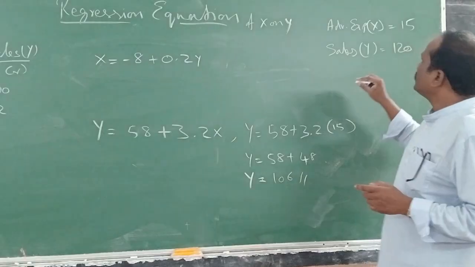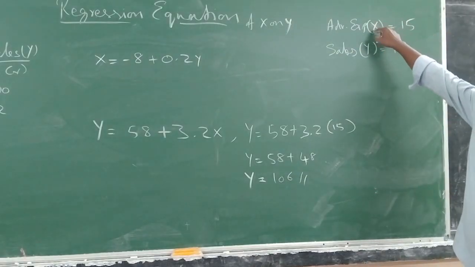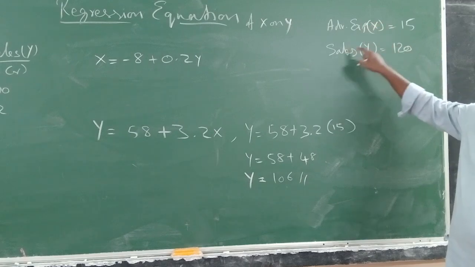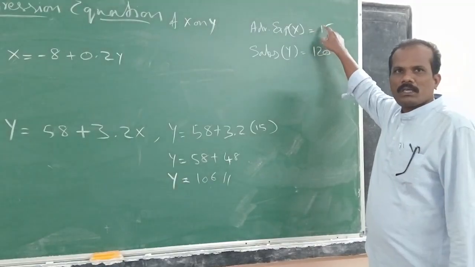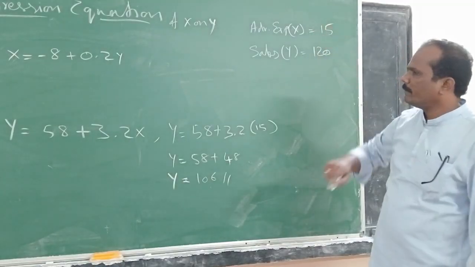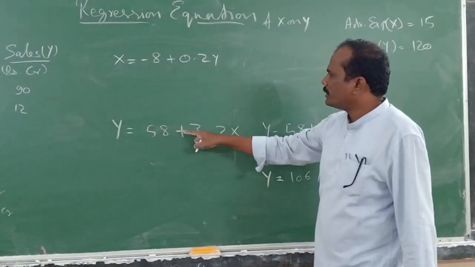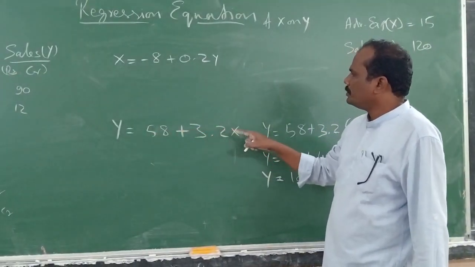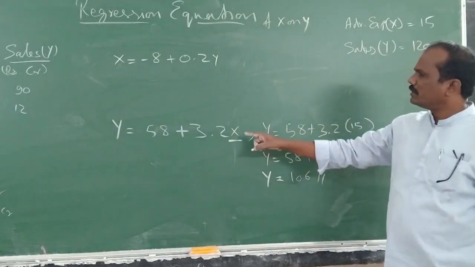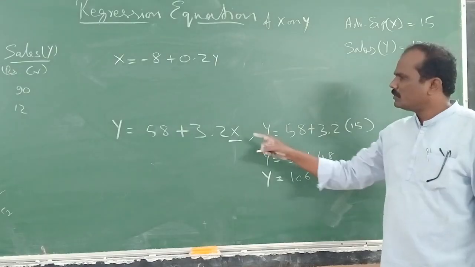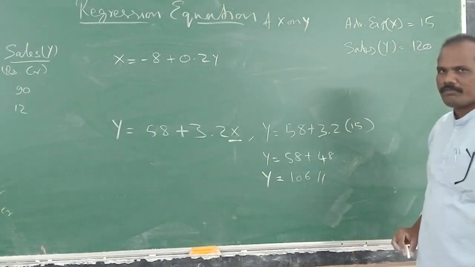You check that advertisement expenditure comes in the X variable and sales comes in the Y variable, and instead of X we have to put the value 15. In this, y is equal to 58 plus 3.2 X, and I have to replace the value of X with the value of 15.